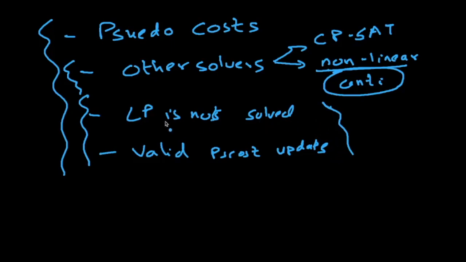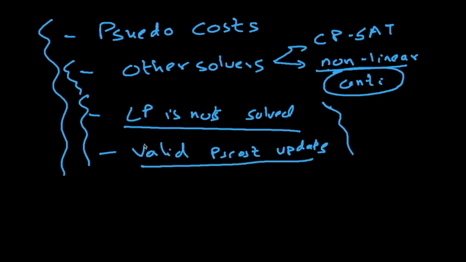Because you'll never face this issue of the LP not being solved in theory, right? And this even happens very rarely in practice. So nobody really spends a lot of time figuring out what to do in this kind of scenario, or why valid pseudo cost updates are needed.